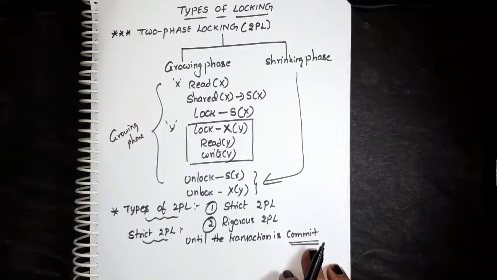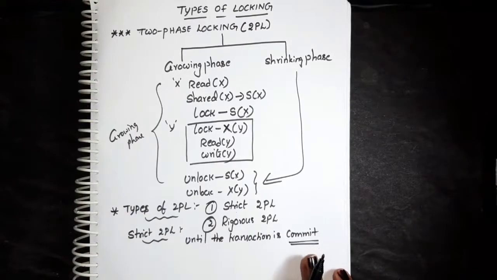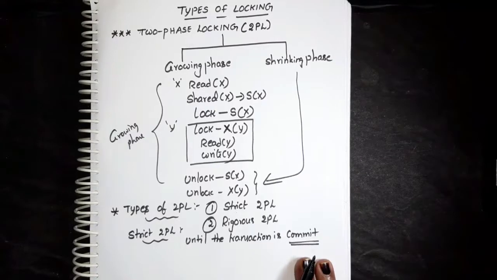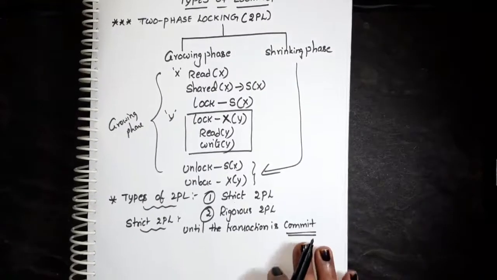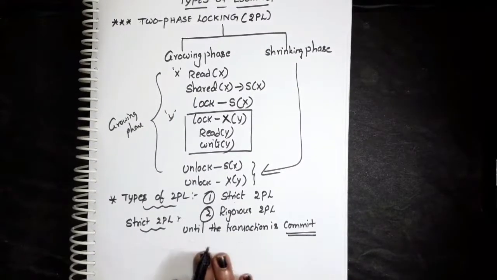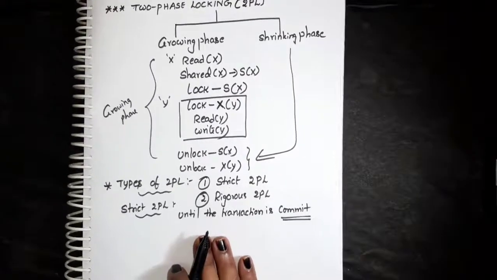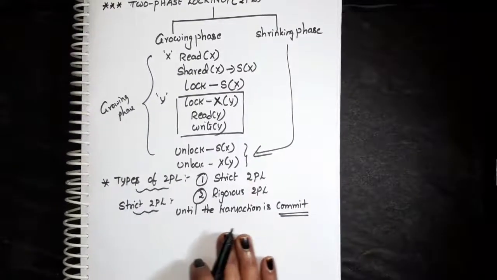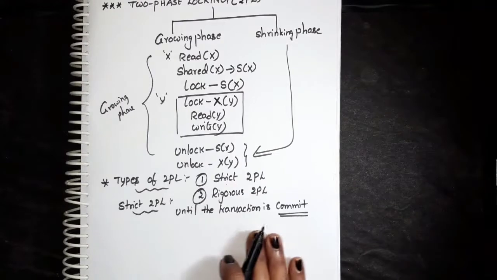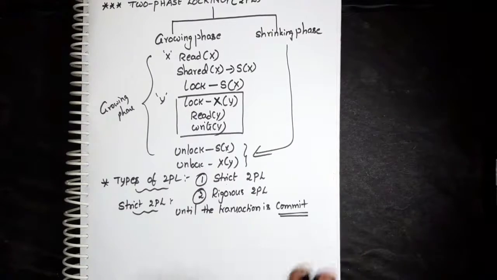The last call will be the commit. Finally the transaction must commit. What is a commit? The successful completion or execution of a particular transaction is called a commit. So in strict two-phase locking, you place all the locks on different types of data items until the transaction is committed.